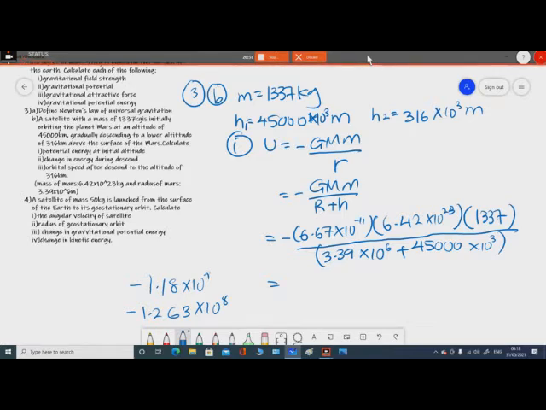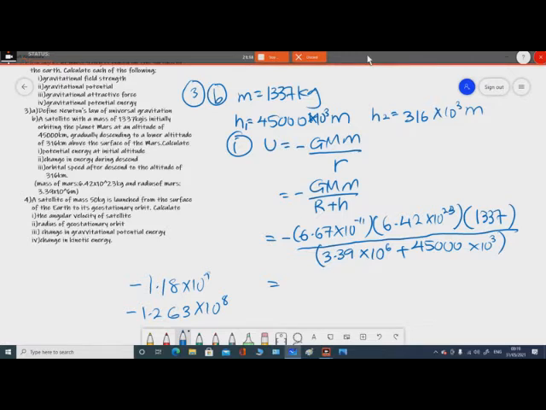So let me find out which part I got wrong here. The potential energy at initial altitude should be given as 4000 kilometers. Yes, correct.